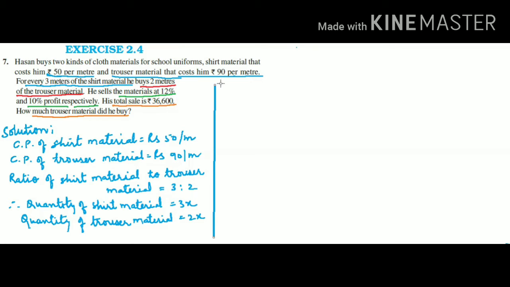Now let's see. He sells the material at 12% and 10% profit respectively. So total cost price of shirt material will be quantity multiplied by cost per meter. So it will be 3x into 50, means rupees 150x.